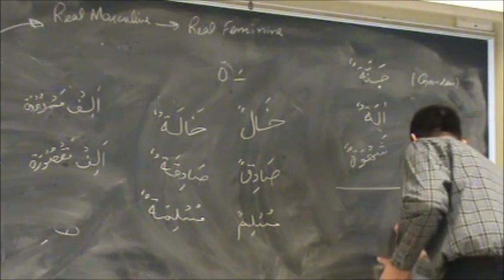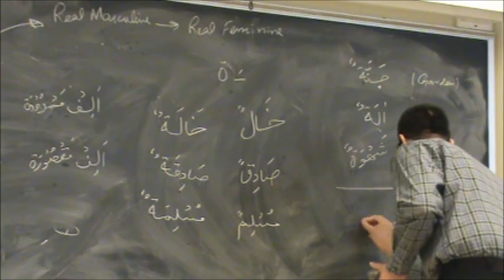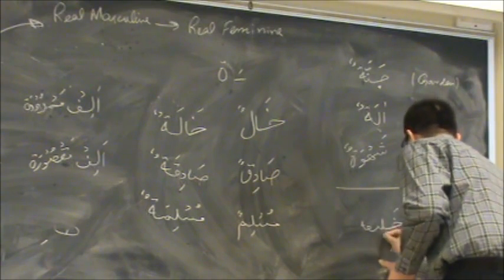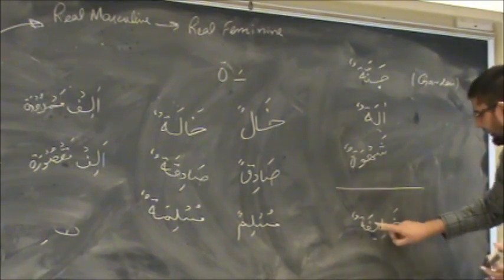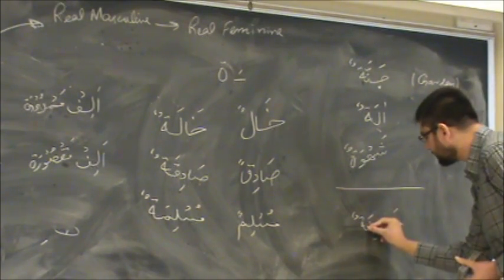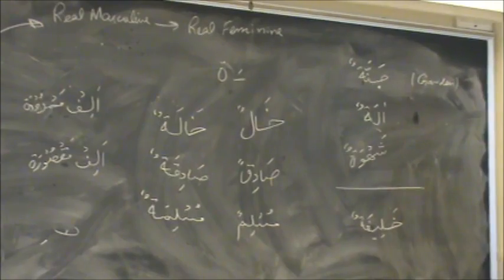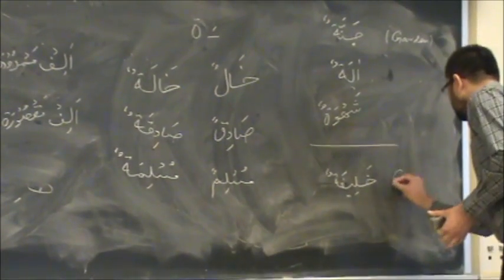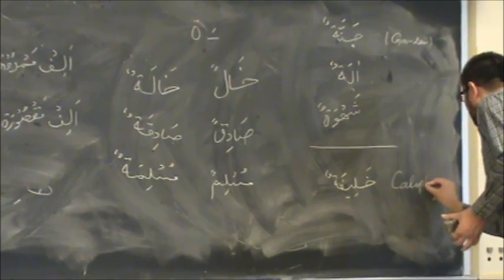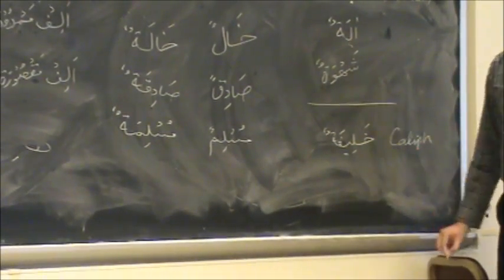Okay, which are those? Khalifatun. So it has ta marbuta at the end, but this is not feminine. Khalifa means caliph, and it is masculine.